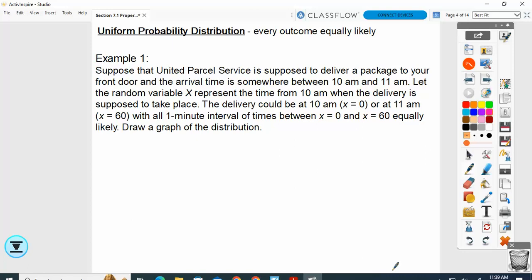Draw a graph of the distribution if each outcome is equally likely. Alright, so we were going to graph it. We have our X, which in this case is our minutes.